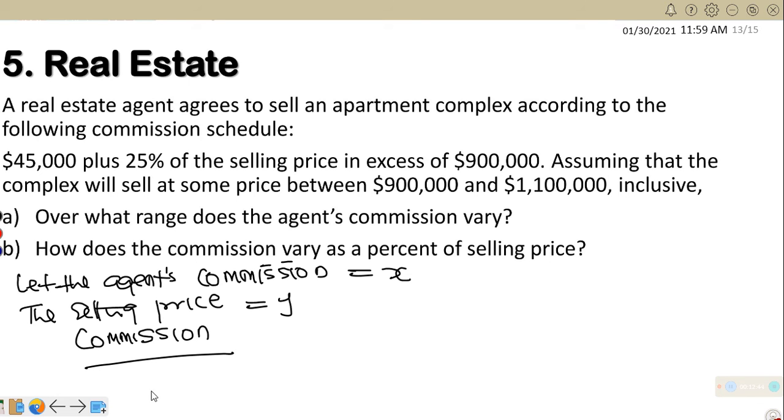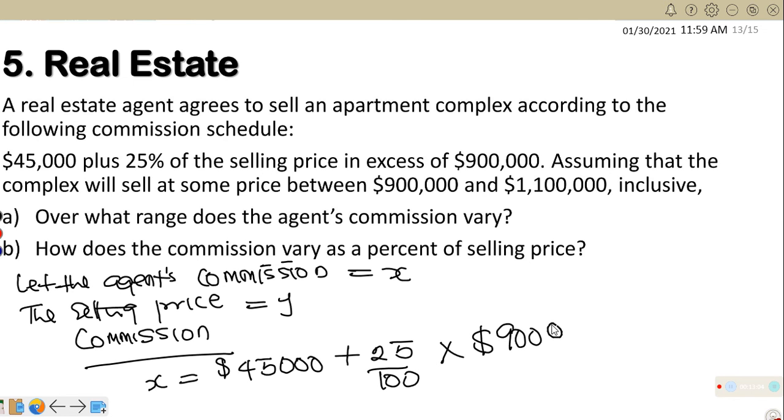For calculating the commission, X equals 45,000 plus 25 over 100 multiplied by 900,000 over 1. The commission was 45,000 plus 25% of the selling price. So we do 45,000 plus 25 over 100 times the selling price, and that is what we have here.